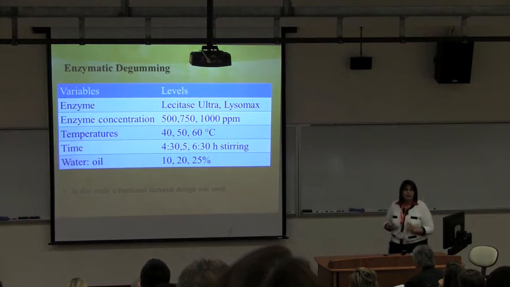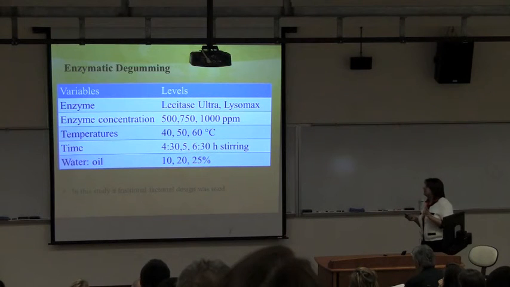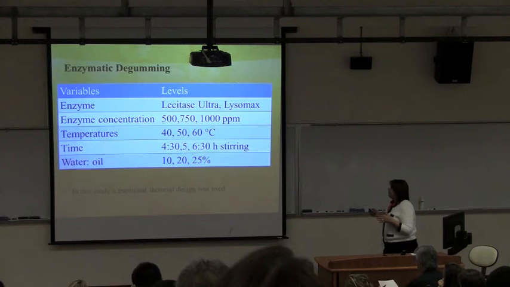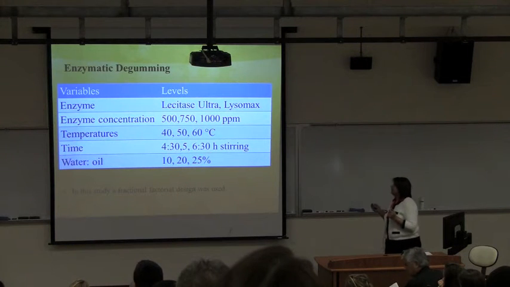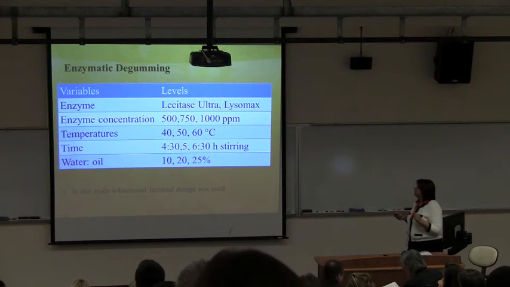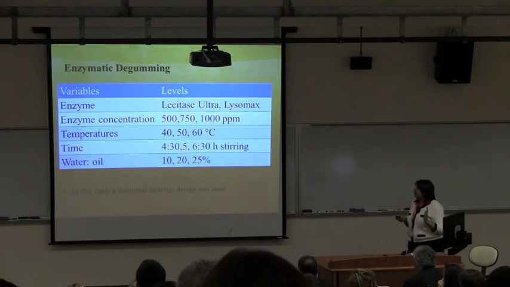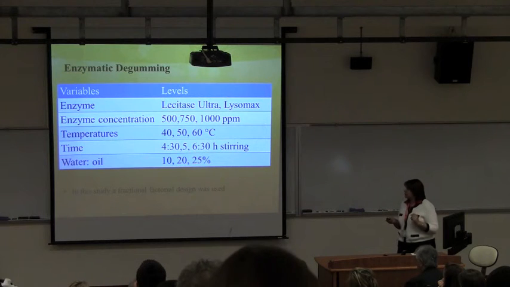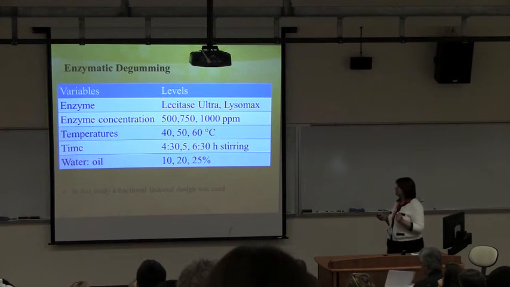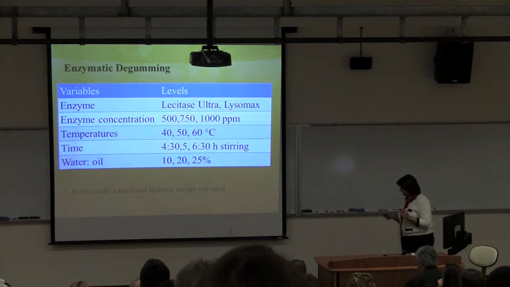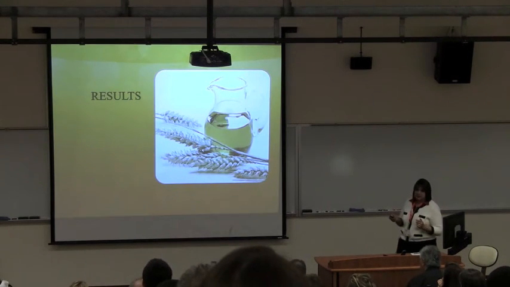The independent variables were the enzyme, two kinds, Lecitase Ultra and Lysomax, the enzyme concentration at 3 levels, temperature at 3 levels, time at 3 levels, and water to oil percentage at 3 levels. I used a fractional factorial design for this study.